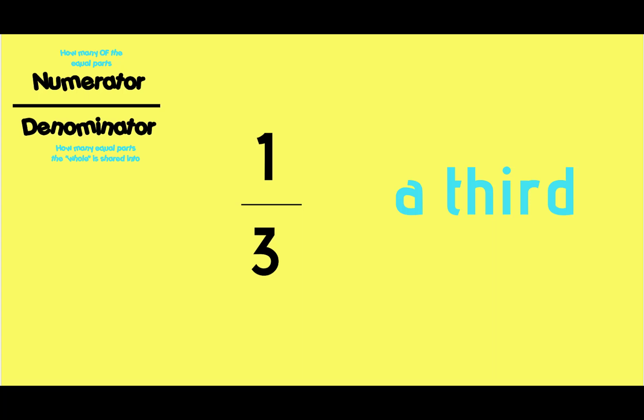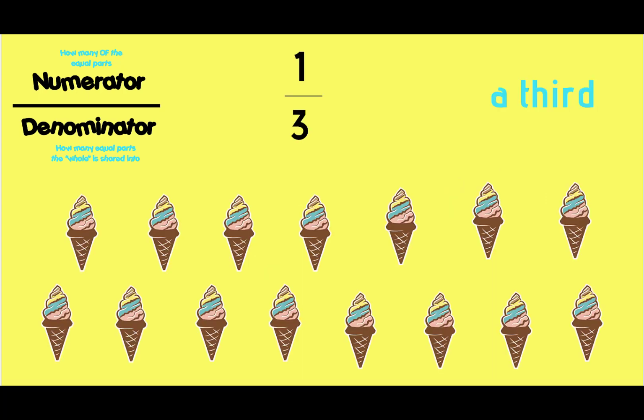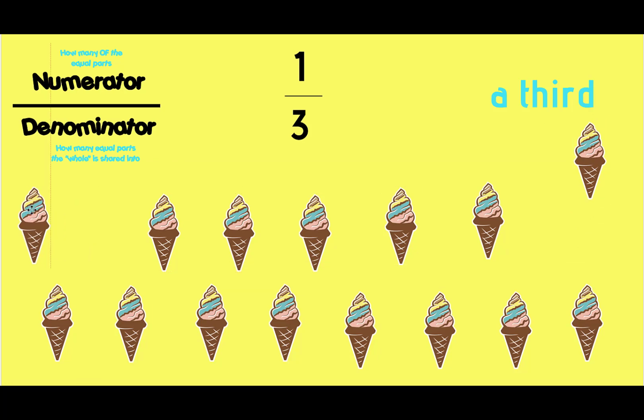So when we're looking at a third, we are sharing into 3 equal parts. So let's go through an example using objects. So we want 3 equal groups. So we're going to start by sharing our objects into 3 groups. So I'm going to make a group at the top, a group over here, and a group down at the bottom.